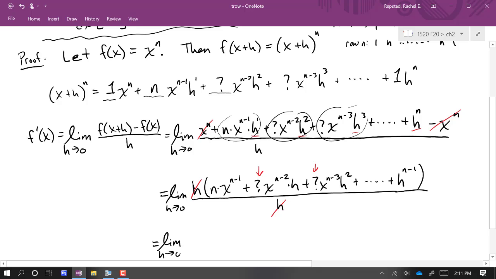We want the limit as h approaches 0 of n times x to the n minus 1, plus some unknown coefficient times x to the n minus 2 times h, plus x to the n minus 3 times h squared.